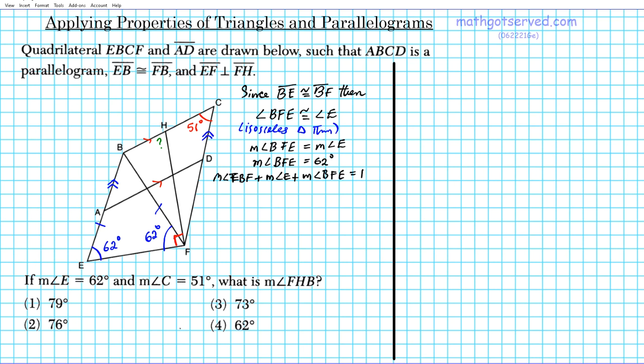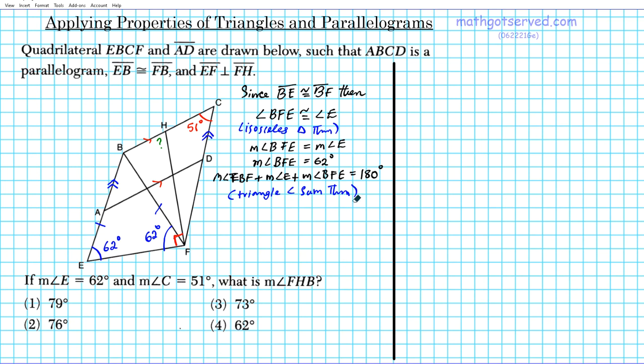It's all equal to 180 degrees, right? Using the triangle angle sum theorem, which basically tells us that the sum of angles in a triangle is 180 degrees.